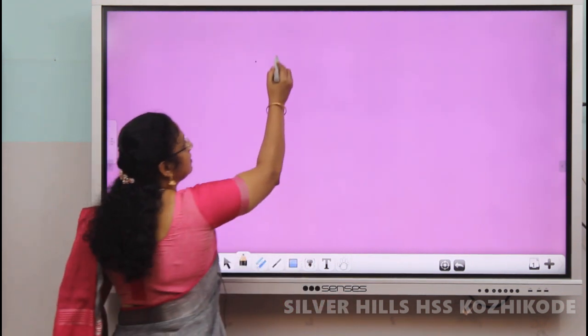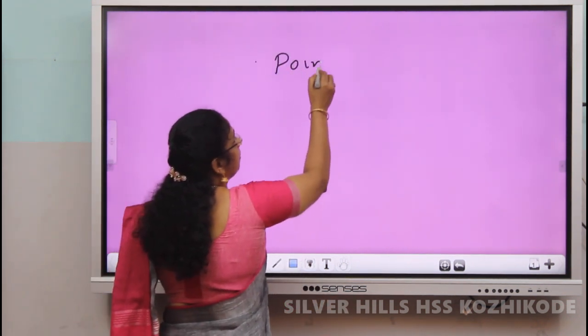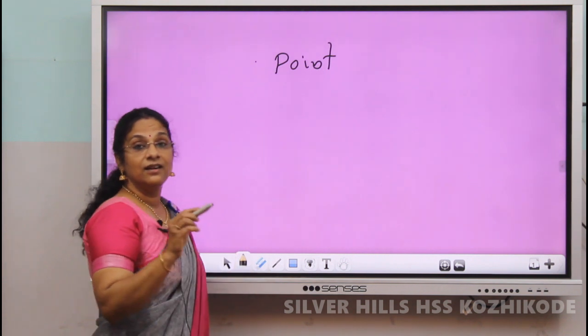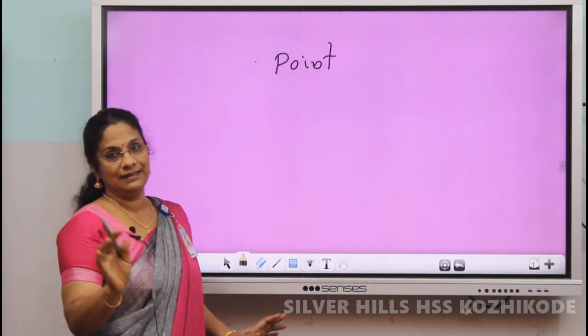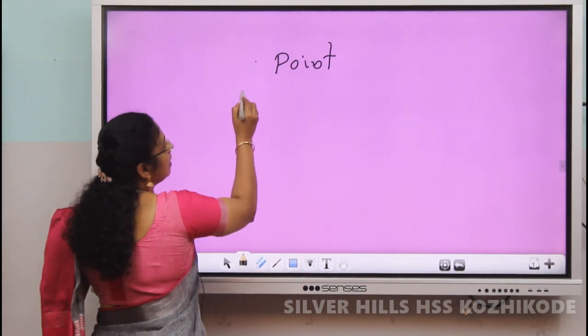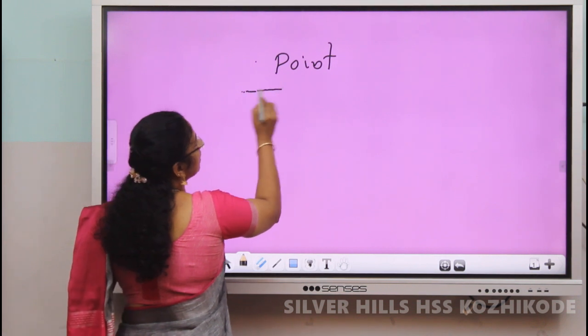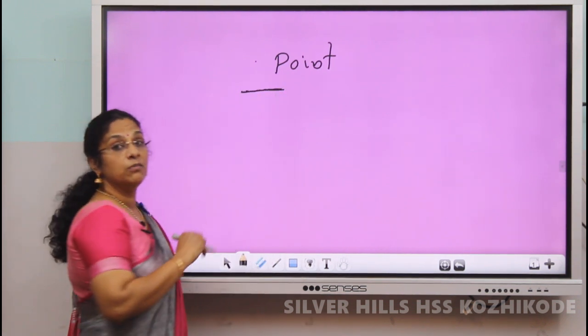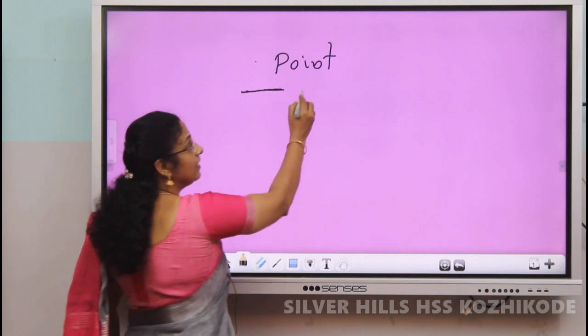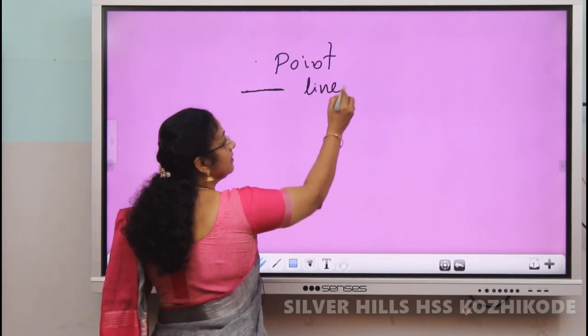First, we started with a point, then a group of points together. That is, we are putting a group of points together. Then, what's the name of this one? This is a line.